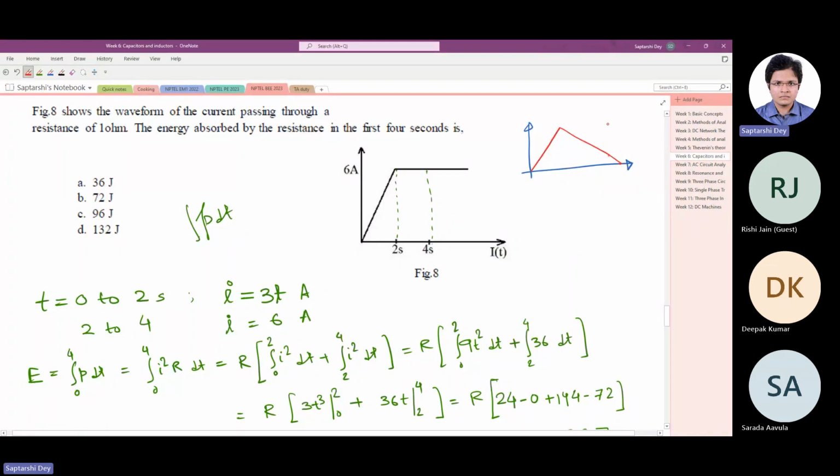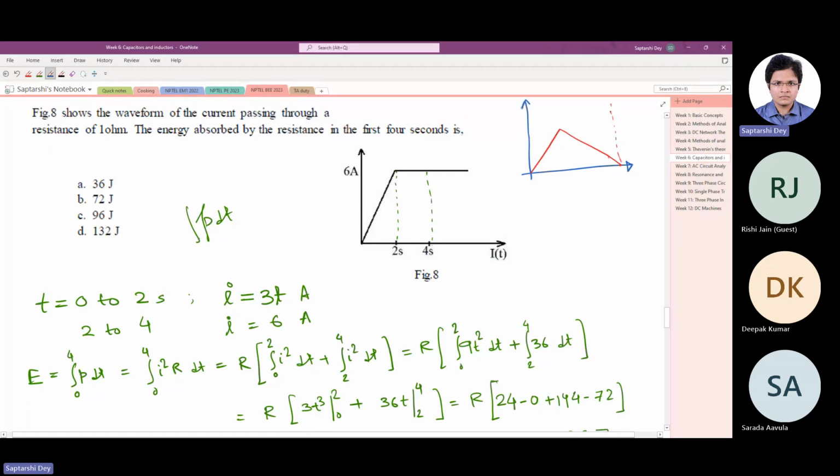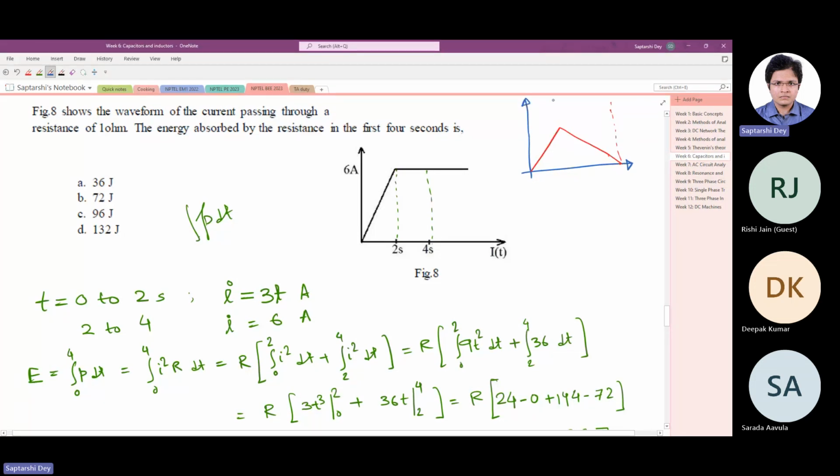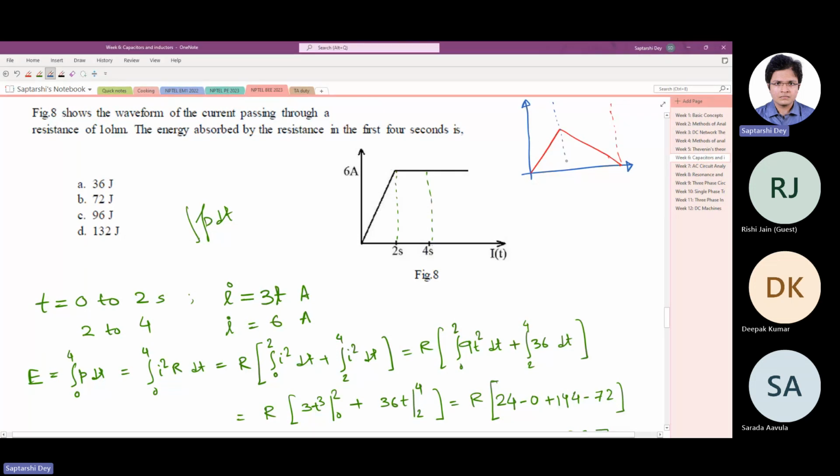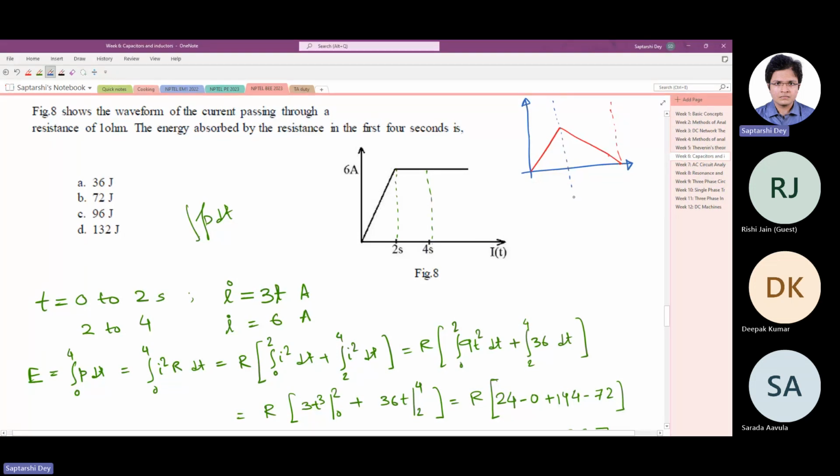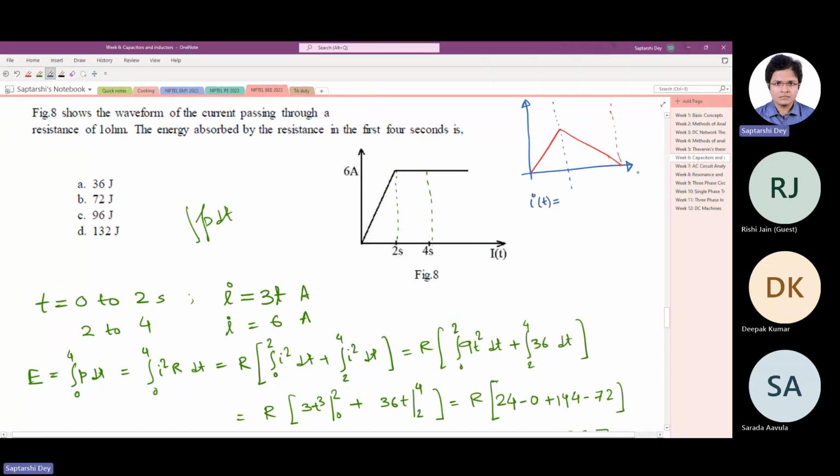And say you are asked to find out the total power or total energy absorbed by the resistance in this whole time. There can be a question like this. Look at the first segment of the current. Finding the equation i(t) is very easy, simply 3t as we found here.